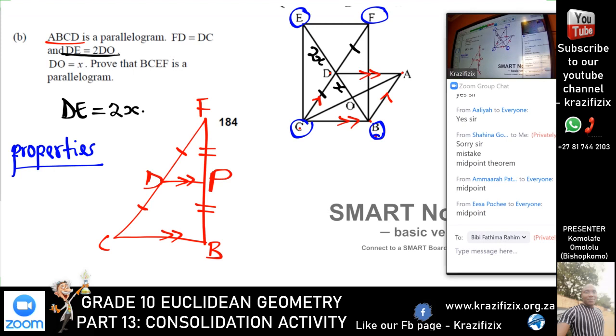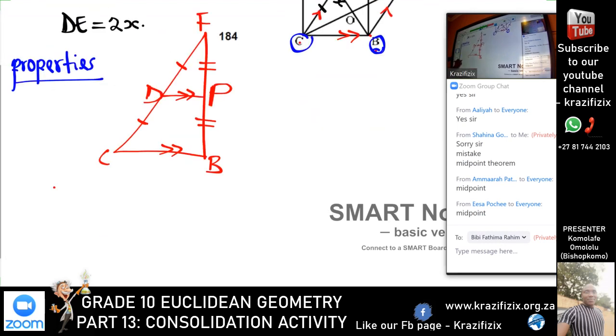Alright, point P. So can we then agree that FP is equal to PB according to our midpoint theorem? Let's put that down. FP is equal to PB, midpoint theorem.